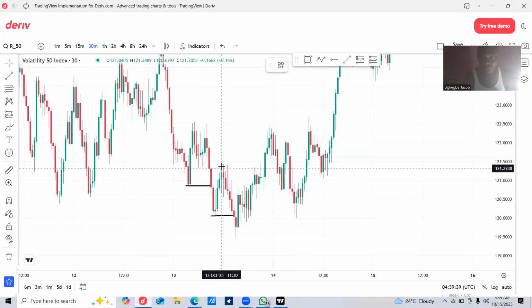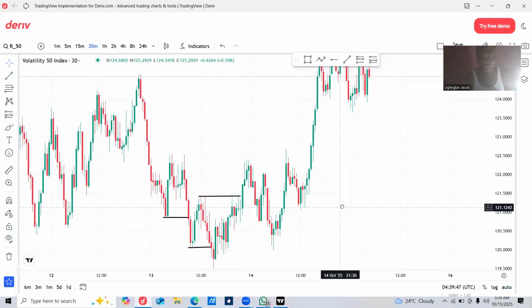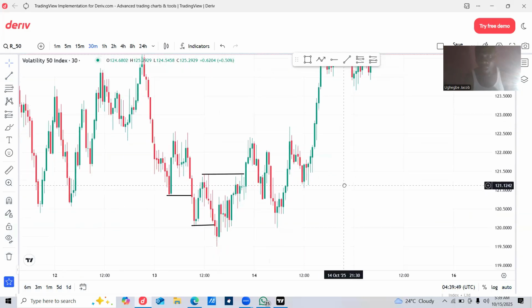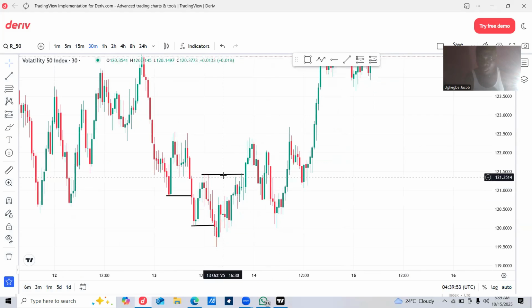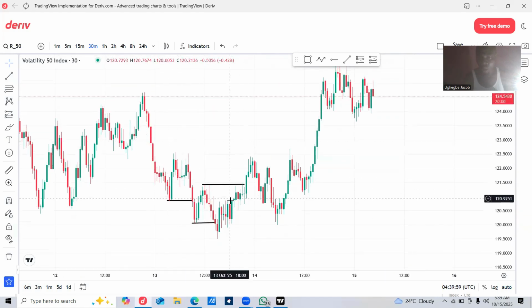The market returned up to take this recent high. And immediately the market took that recent high here. It means that the market has changed structure from this downtrend to an uptrend.